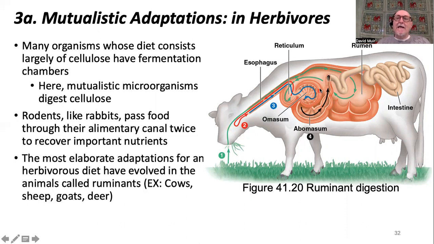The cud is pre-digested, pre-chewed food, which is passed back to the mouth for re-chewing. And once it is re-chewed, it is then passed into the rest of the digestive tract. This is the third stomach, which is called the omasum, and is then passed into the rest of the intestine.